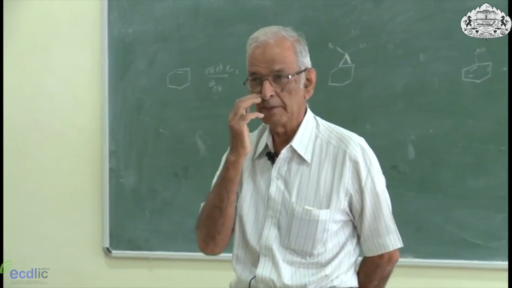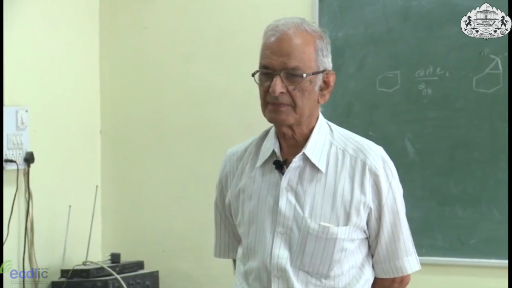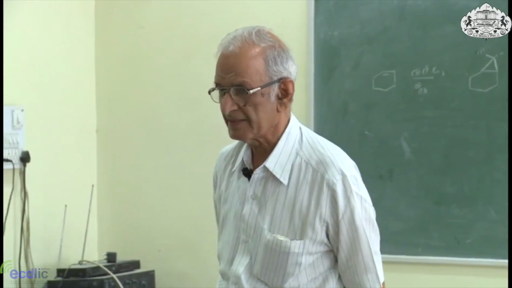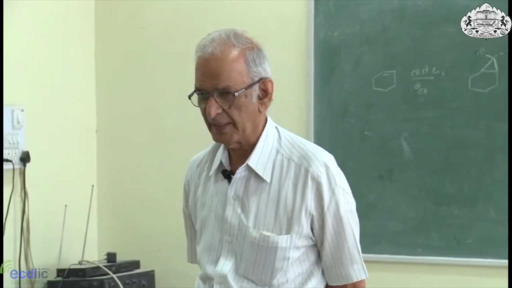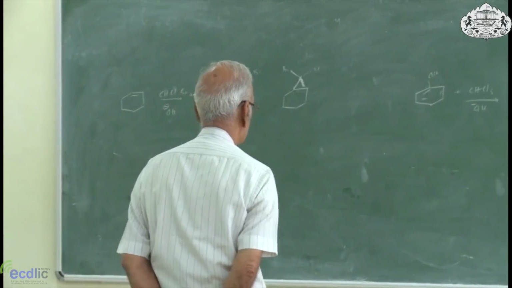Double bond will become more nucleophilic and then carbene reacts faster to it. This establishes that carbene is an electrophile. Okay? That's okay. So, what happens with this electrophile?